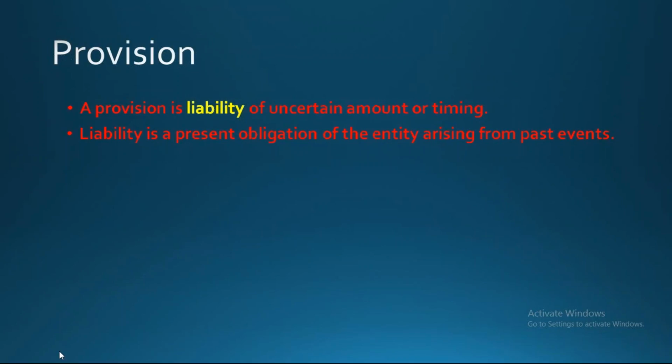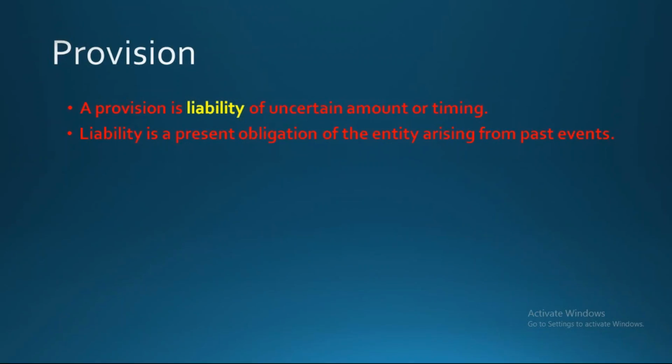But it becomes a provision when you don't know the amount or the timing. If you have to pay me 100,000 in 3 months' time and I have invoiced, there is no uncertainty about the amount or the timing. There is a present obligation because you have obtained goods or services and you have to pay me. It's not a provision. You need to account for it.